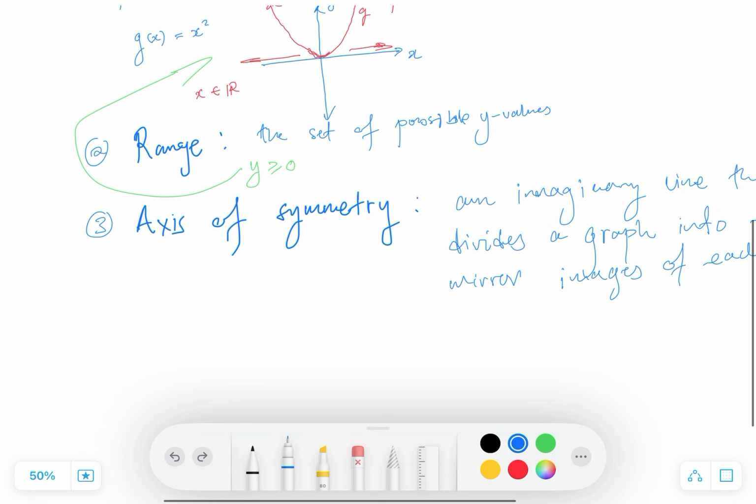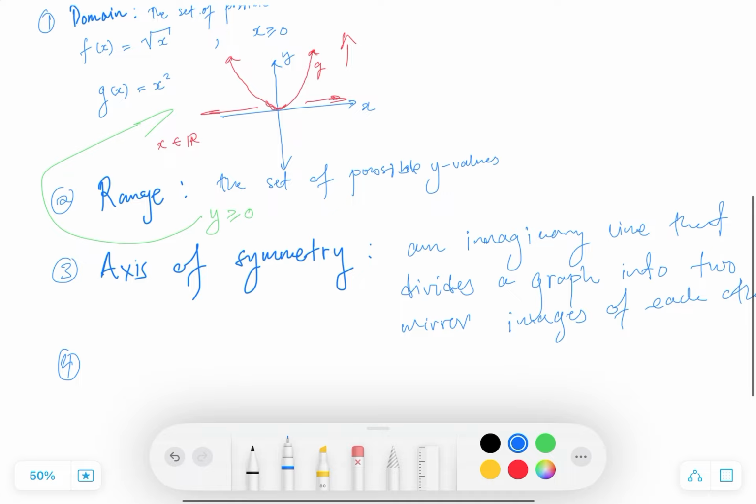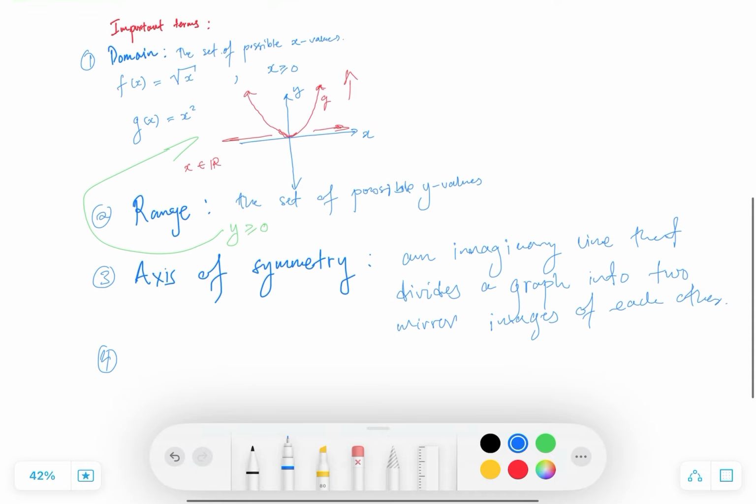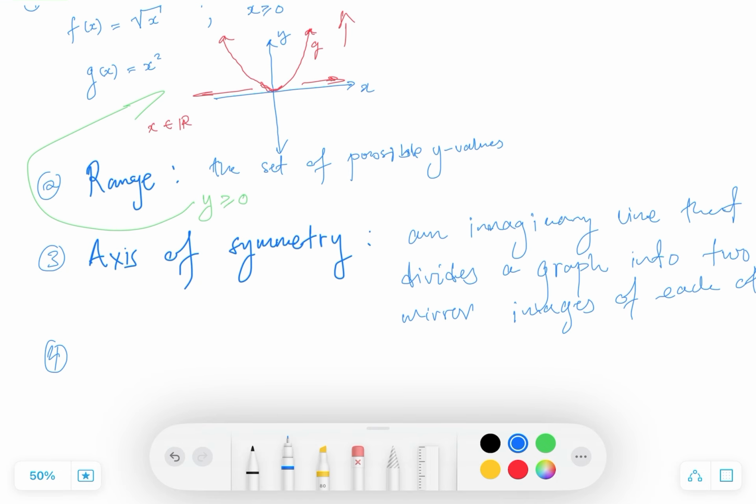Let's do 4. The next important term to remember is the maximum of a function, which is the highest possible y value.